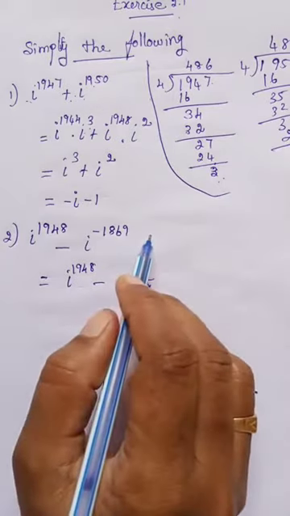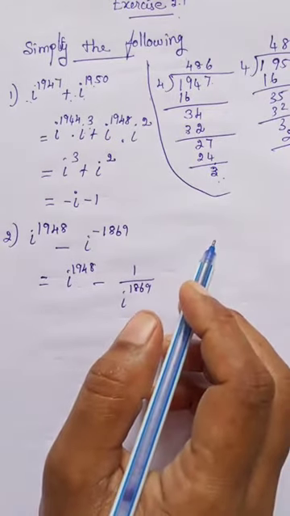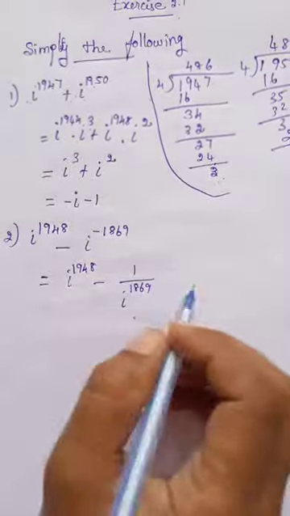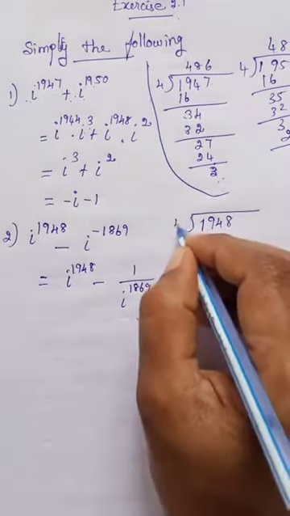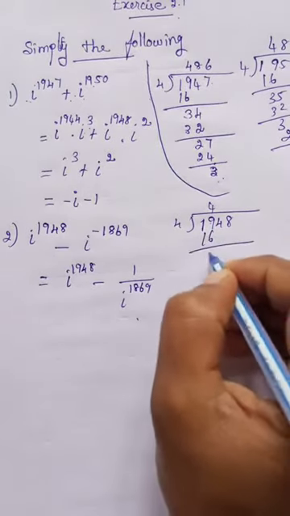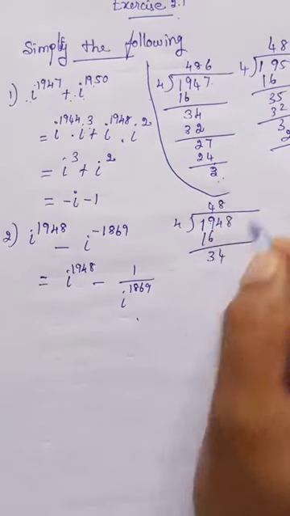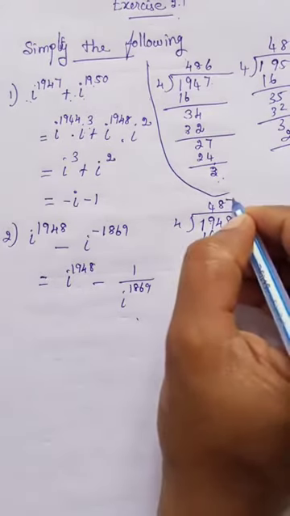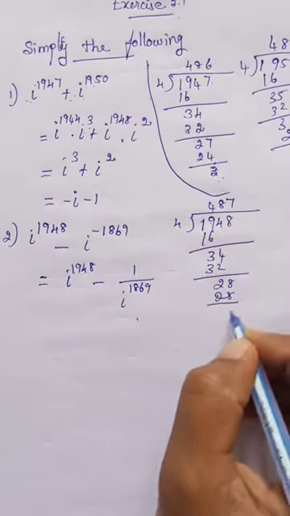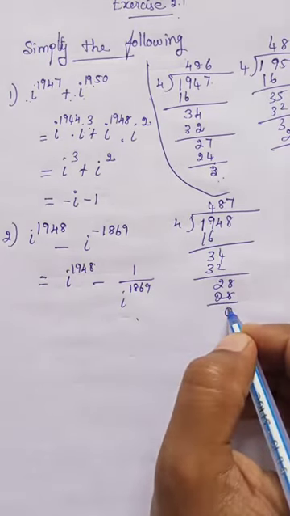Or you can keep it as it is and do the problem, but you have to be careful. 1948 divided by 4. 16, 34, 8 fours are 32, 28, 7 fours are 28. Here the remainder is 0.